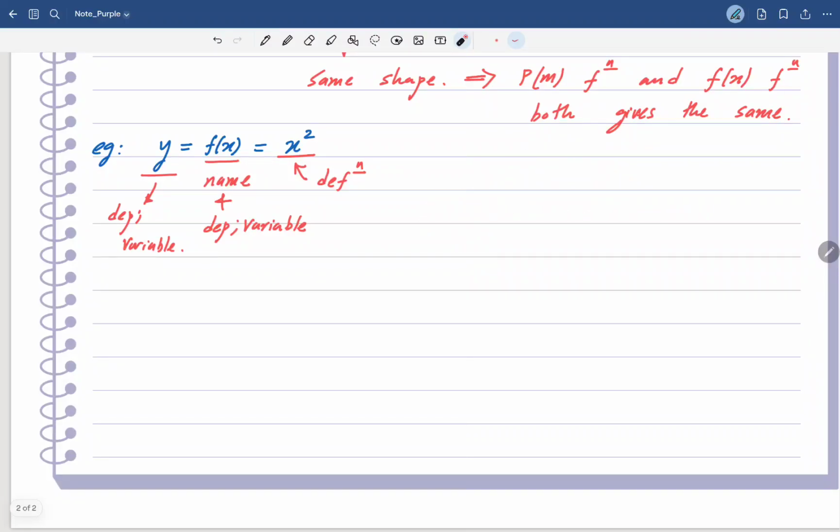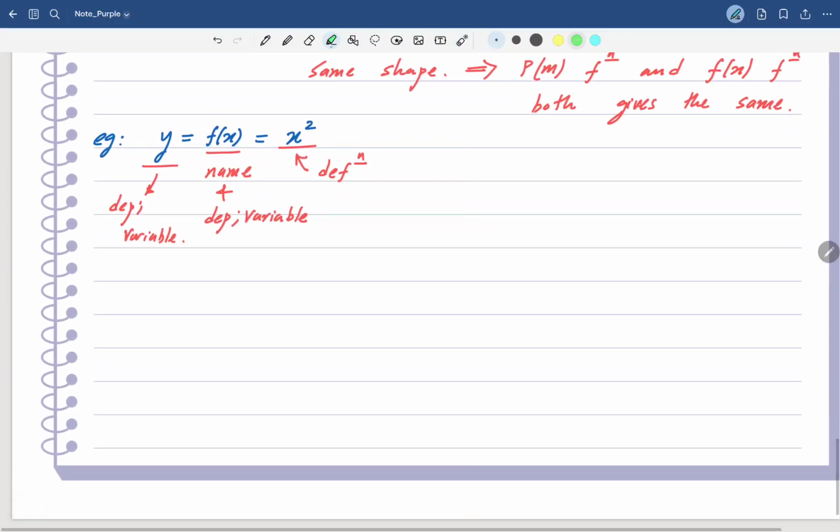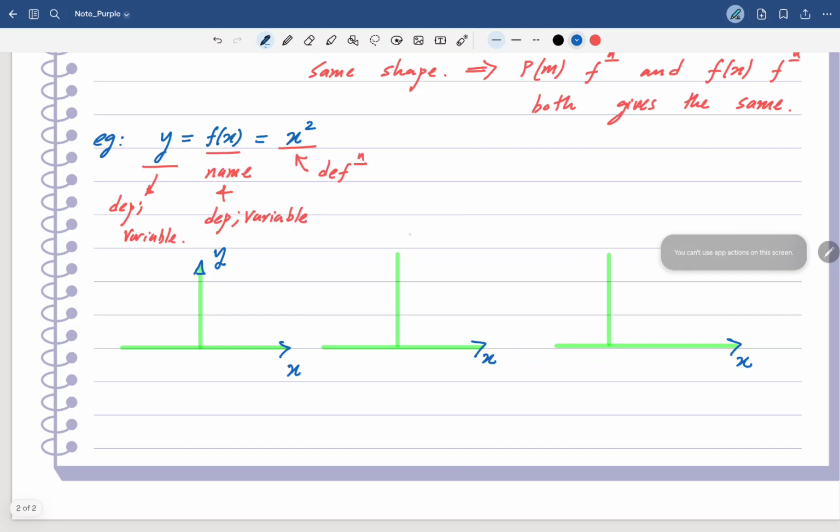Okay. Now when you have this, we can consider plotting this. I'm going to discuss this in more detail. The independent variable is x. So for the dependent variable, you can say y, you can say f of x, or you can say x squared.